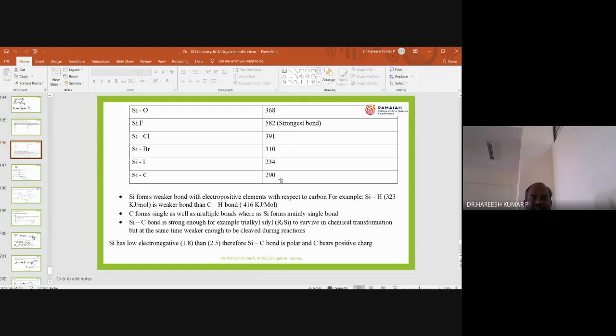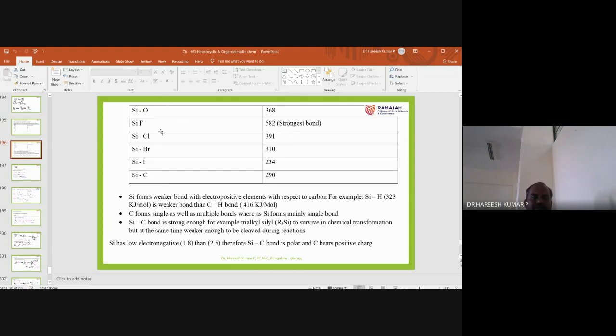So just by looking at the data, you can say that the bond between carbon and silicon is weak. The bond between silicon and oxygen is stronger. So that is the reason bond formation between silicon and oxygen is favored, whereas cleavage is possible between silicon and carbon.